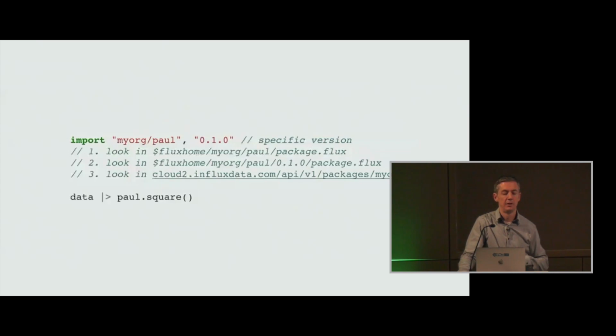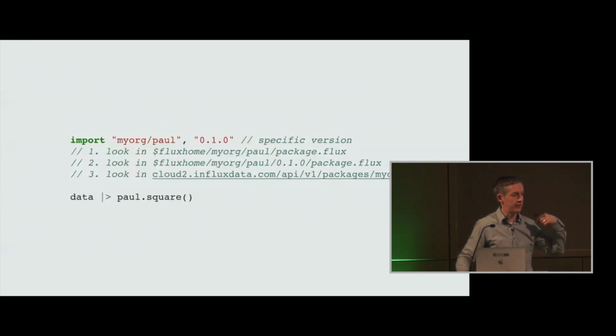And then finally, if it's not there, the default place, which you can specify by configuration, is the location of the package manager API. We obviously will have a package manager API that's hosted for the entire community at cloud2.influxdata.com/API/v1 packages, and that's where it would look. And then you can go ahead and call it.